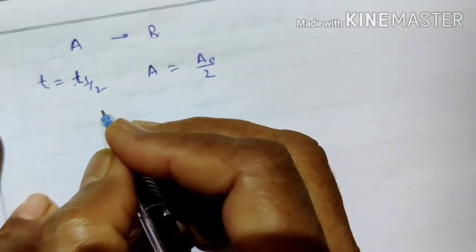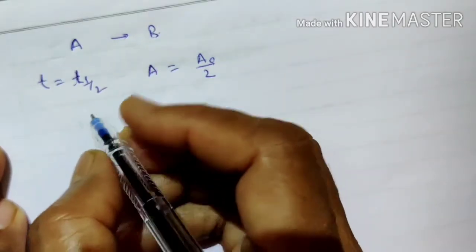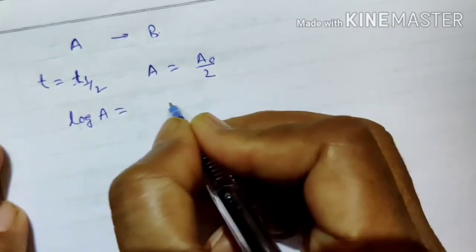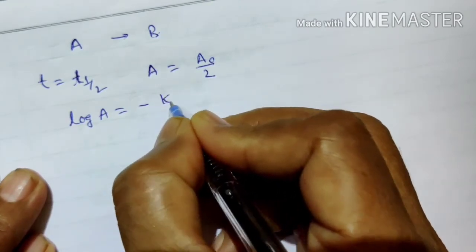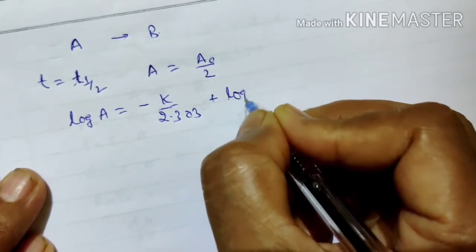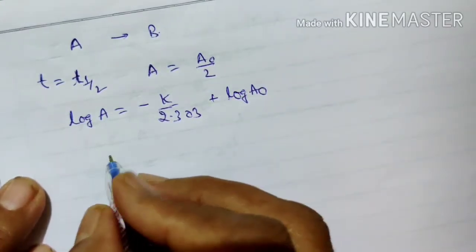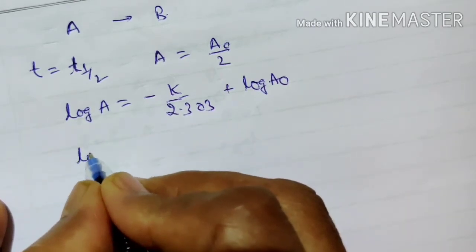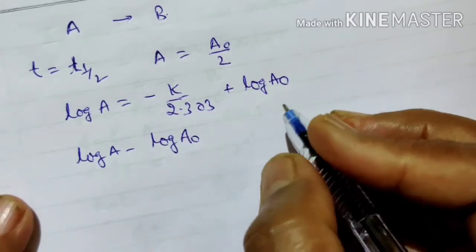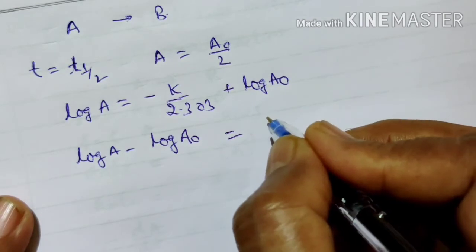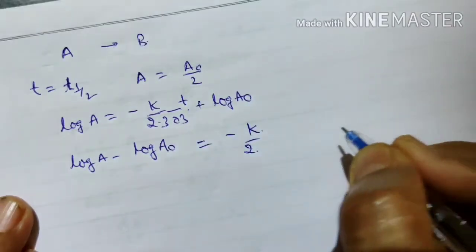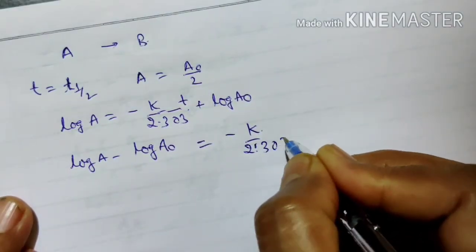Clear? And now we can write the equation in this way, that is log A is equal to minus k upon 2.303 plus log A0. This can be written in this way also. We can write log A minus log A0 is equal to minus k upon 2.303.